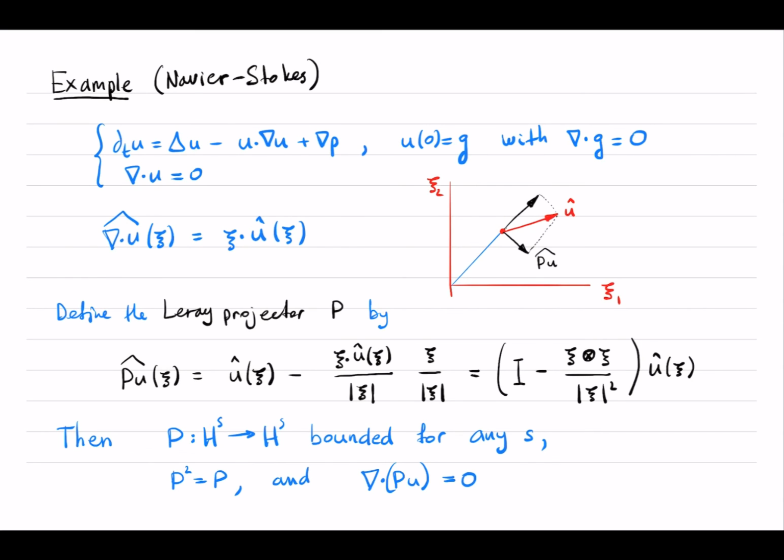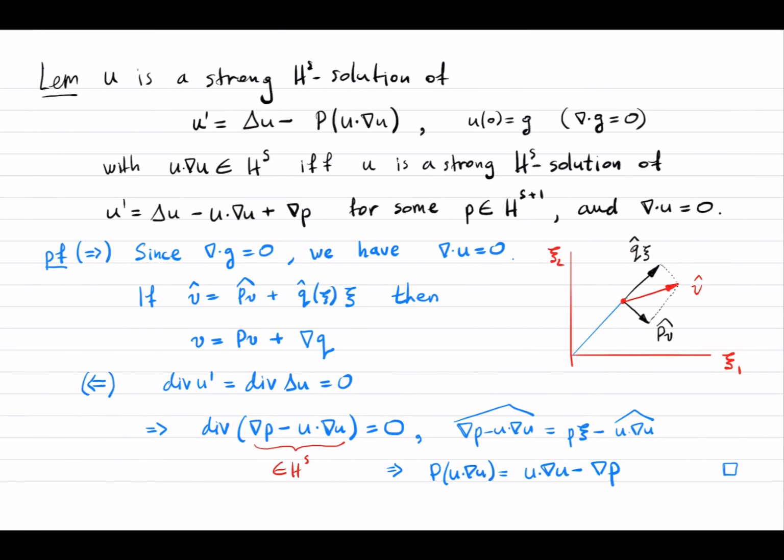And using this projector, we can actually write our Navier-Stokes equation in this way. Now there is no pressure variable, so simply the nonlinearity becomes this. You compute this expression, which is nonlinear, and then project onto the divergence free space. That's our nonlinearity. And you can see that this Leray projector is a non-local operator.